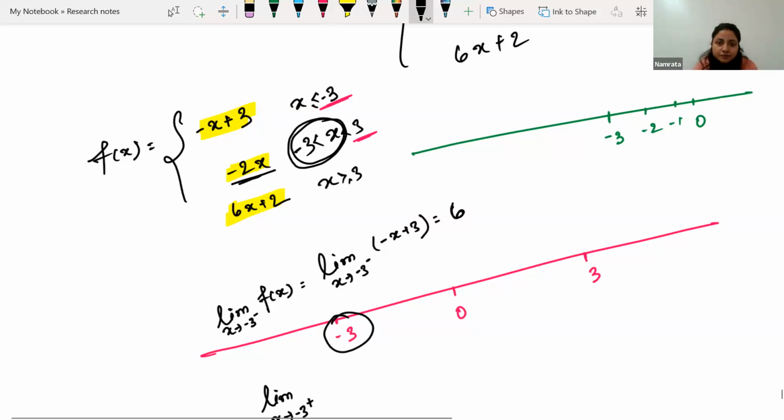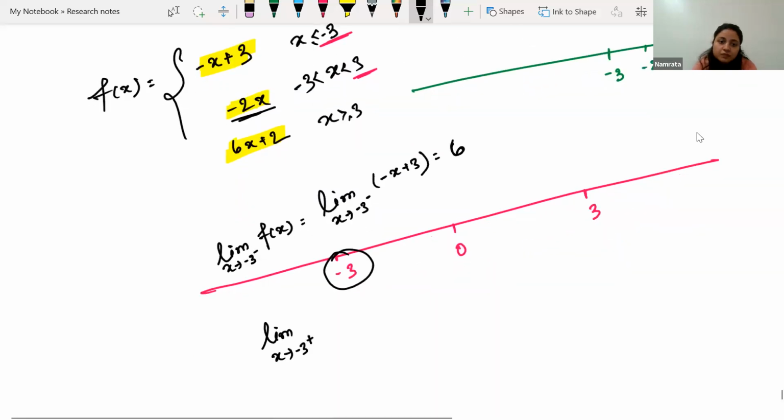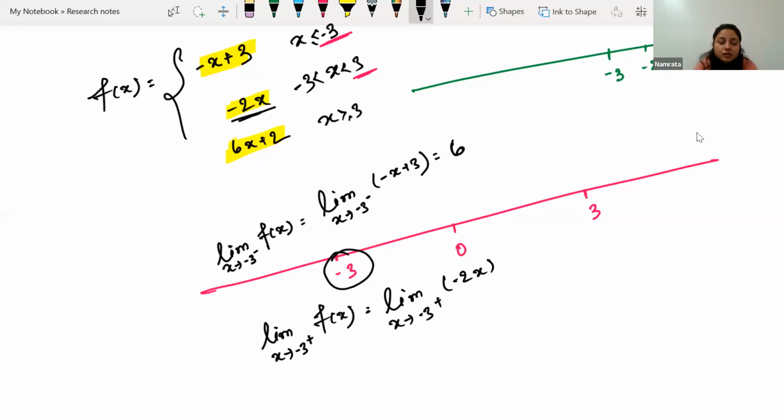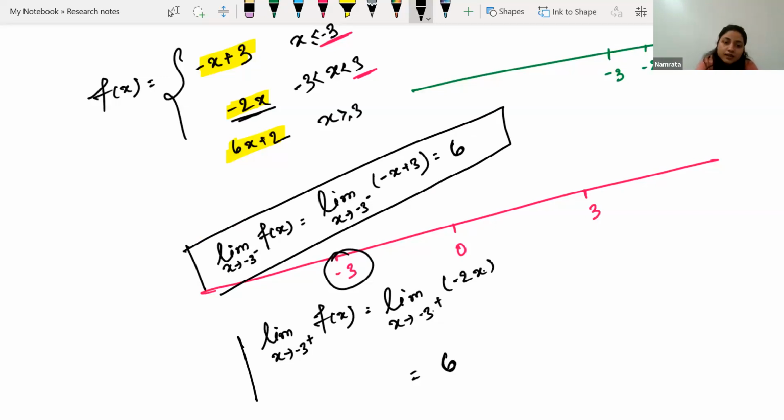So limit x tends to -3 plus of f of x is -2x over here. If we substitute -3, we will have 6 over here. We have got the left hand limit at -3 as 6, and the right hand limit at -3 as 6.